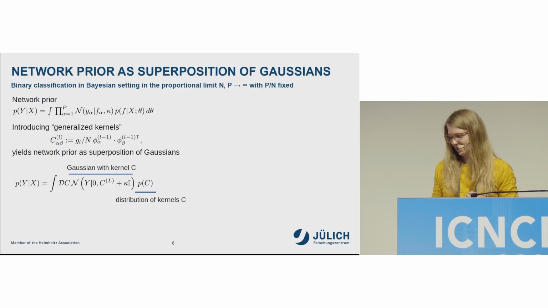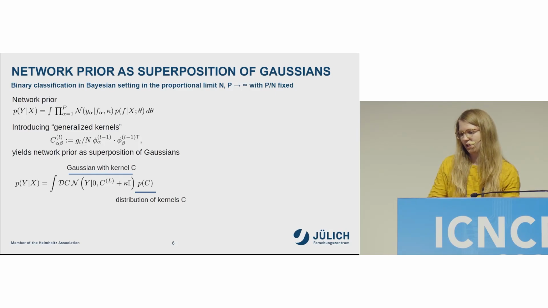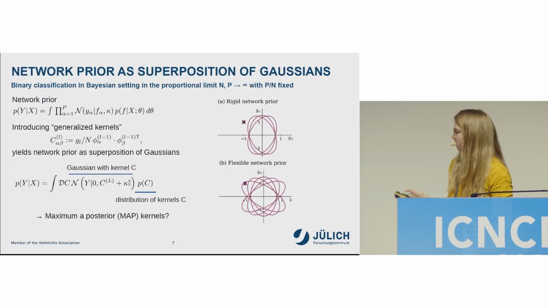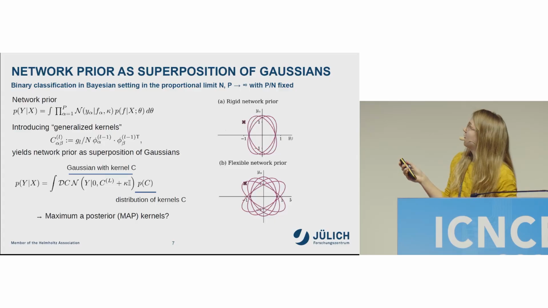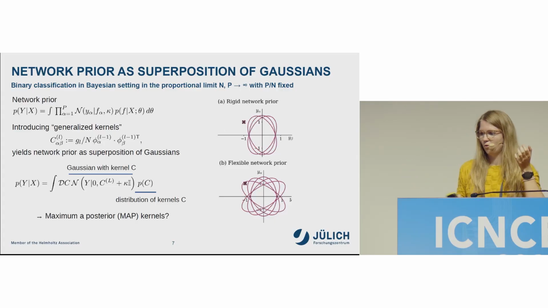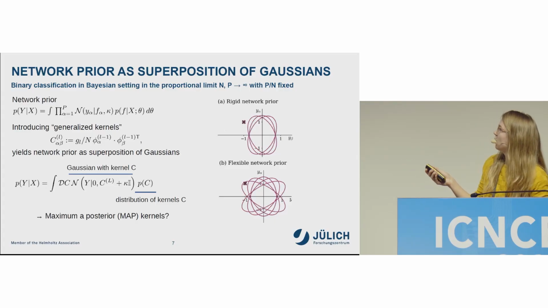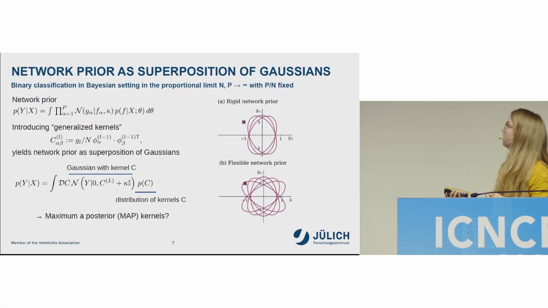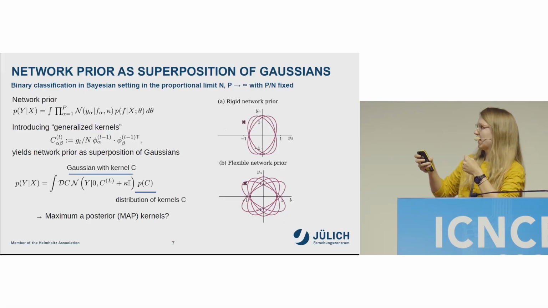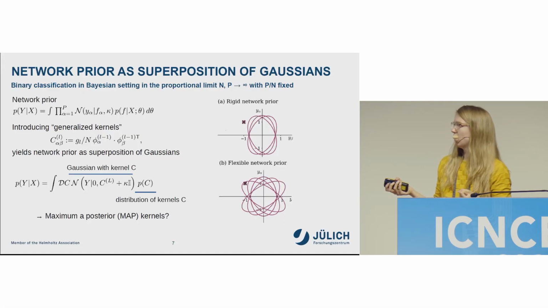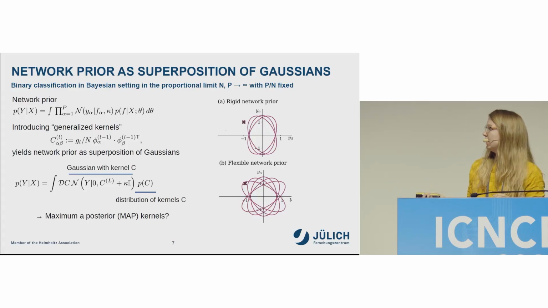Okay, and now this particular distribution of the kernels can actually depend on the hyperparameters of the network. So basically, it can consist of more different kernels, like here down below, giving us more flexibility. Because if we go again to this Bayesian picture, what conditioning on the training labels means is that from all of these kernels that we have, we take those that implement the correct input-output mapping.